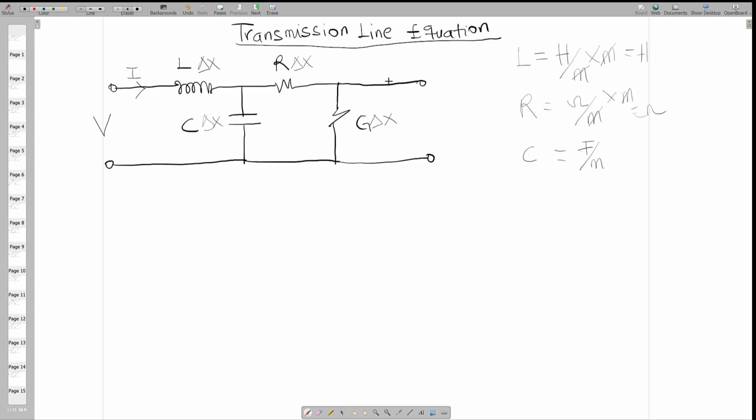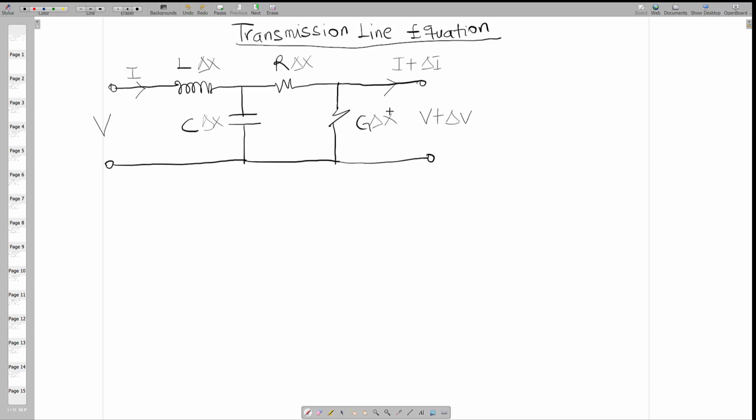And this current will appear at the output, and this current will be I plus a certain delta I. The voltage that will appear here will also be V plus a certain delta V.